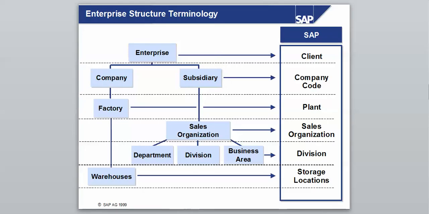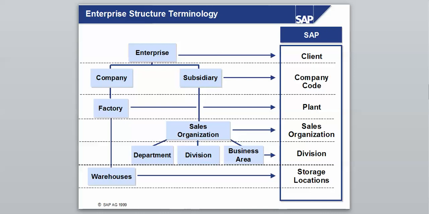Moving ahead, this is the very basic enterprise structure, or the standard enterprise structure, where enterprise is referred to as client, company and subsidiaries are referred to as company code. This is the mapping from the real world to the IT, as in SAP mapping. Factory can be referred to as plant, sales office, or different ways we can represent this.